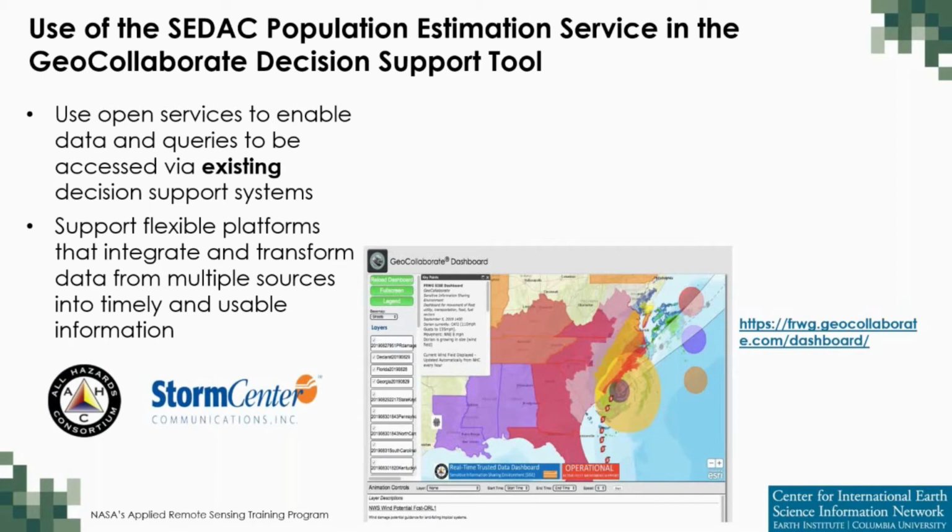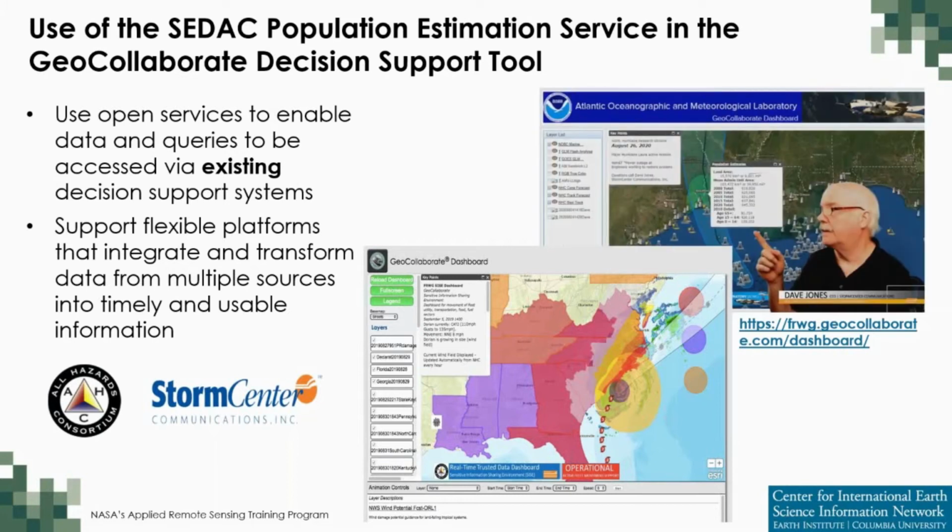And in this platform, they don't just show the layer of population if a user wants, but if you can see there's a little square with population on the bottom left, you can actually pull up an interface to make a request to CDAC's population estimation service. And in the interface, draw a polygon or another shape, and then that retrieves data from our server for exactly the geographic area specified.